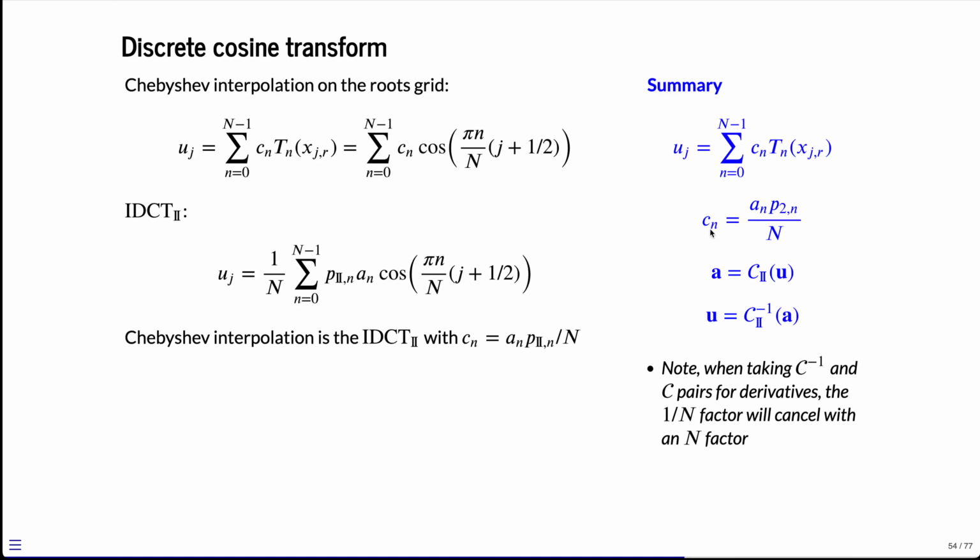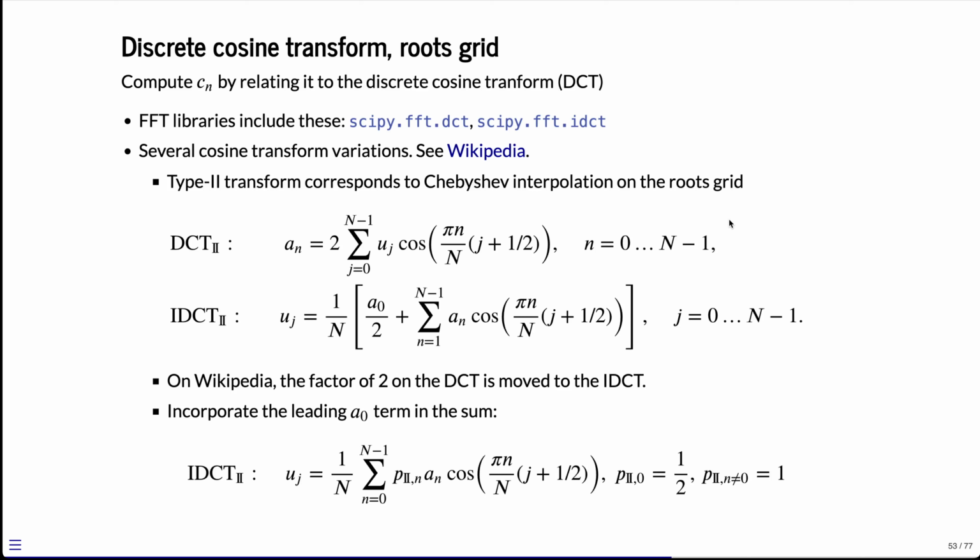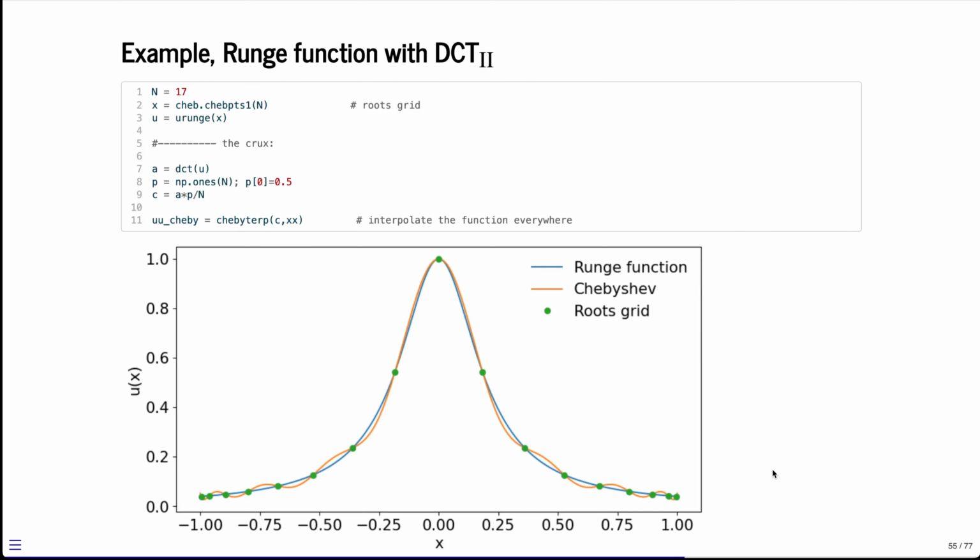Given the u, we take the discrete cosine transform, that gives us A, then multiply A by P and divide by N, and that gives us the C. Where again, the P is 1/2 for the first element, and all the other ones are 1.